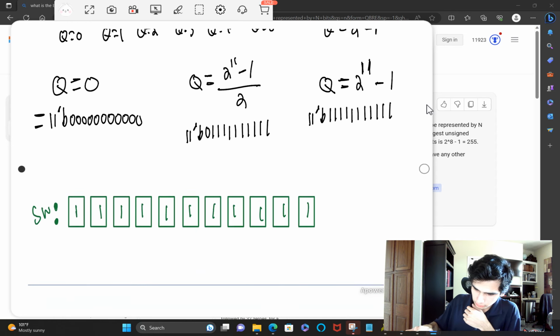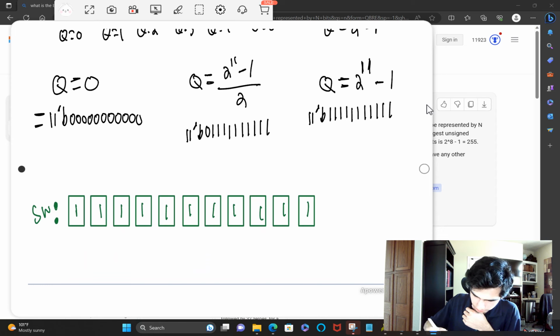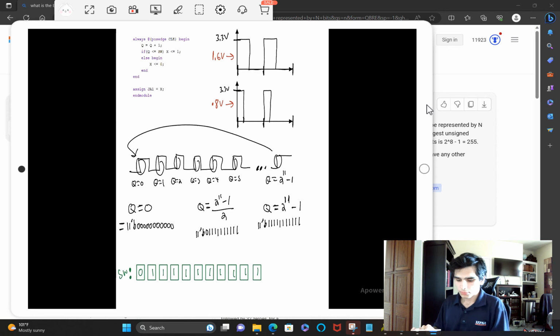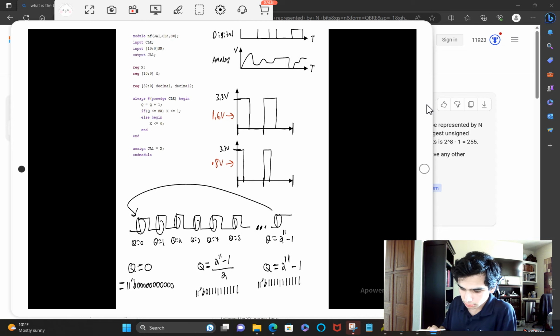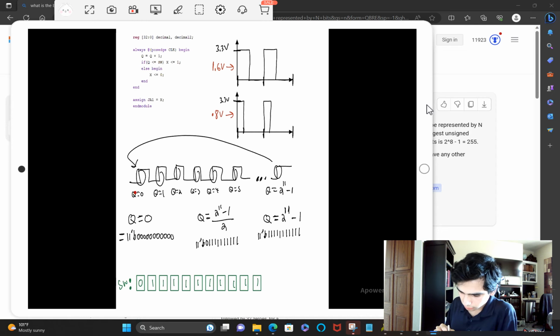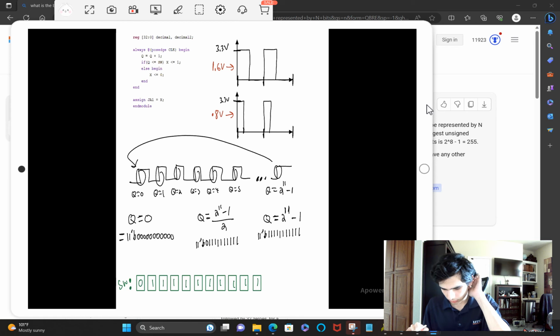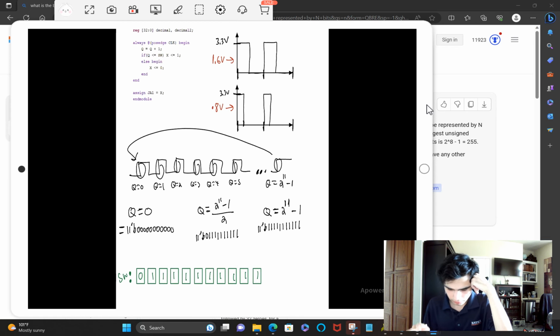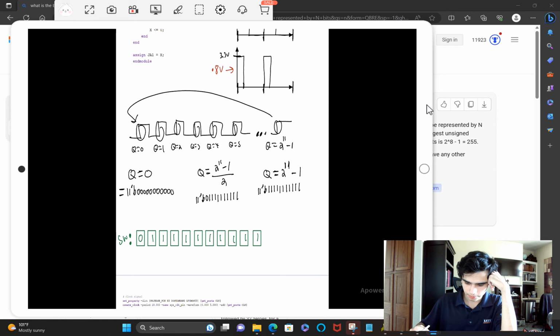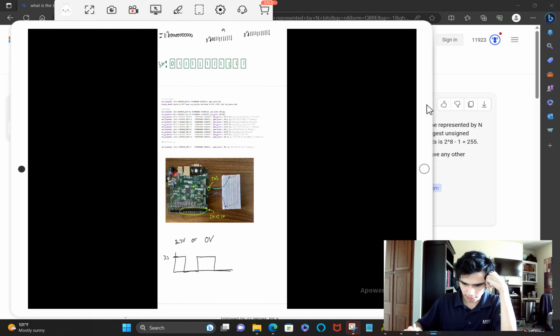So we're going to see a 3.3 volt output if we do that. But let's say we change switch to be equal to 0, and then the rest ones. Well, then what that means is that for this half of the time, switch is going to be smaller than Q. Let's do a timing diagram. Move all this down.